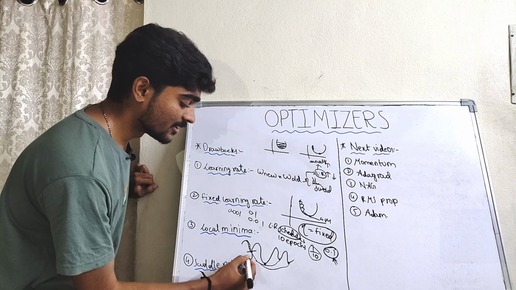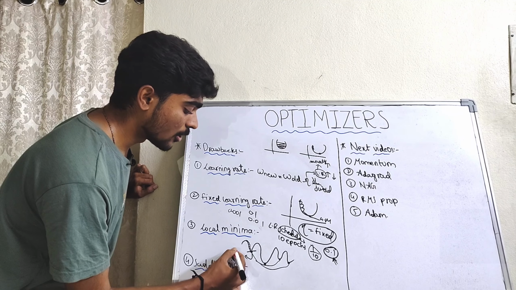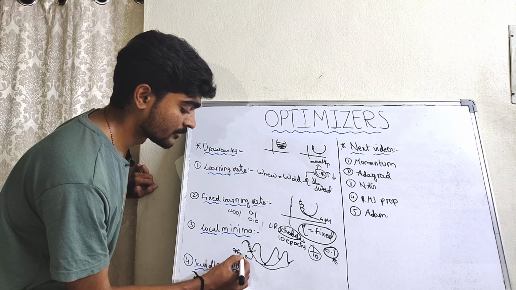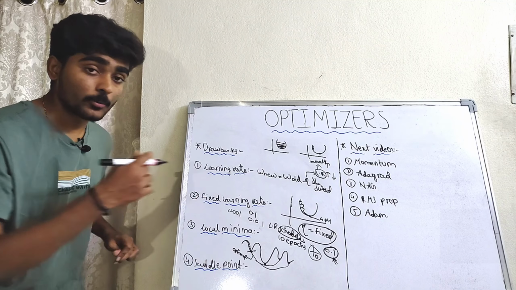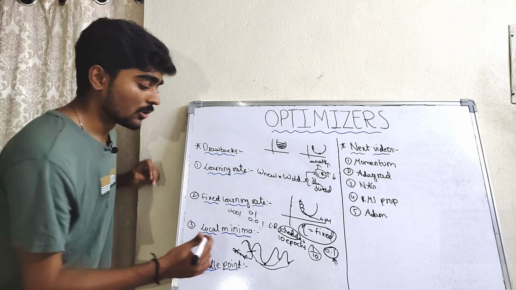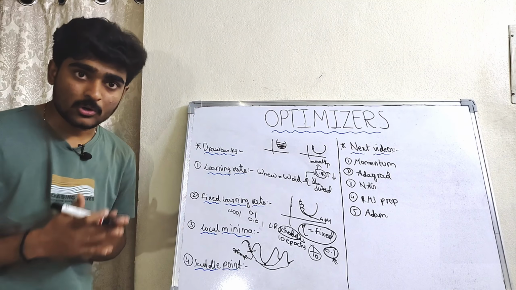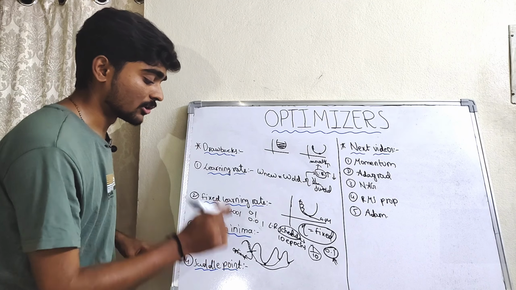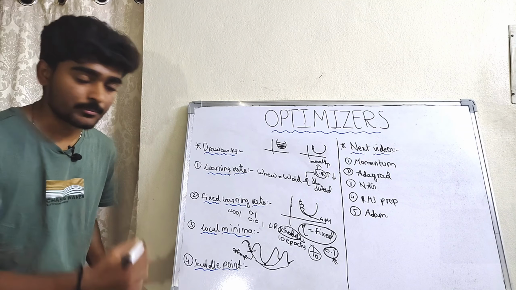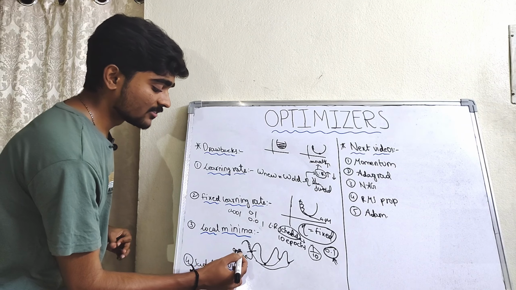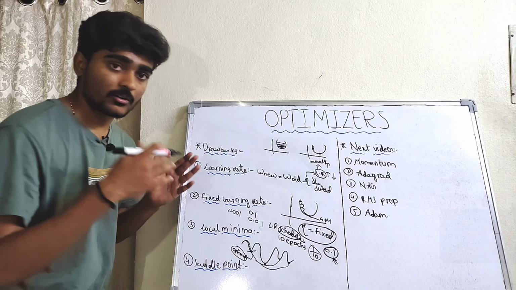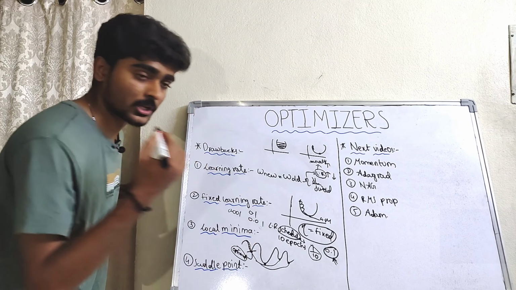The weights and bias values present here will be treated as my optimum weights and bias values. This is the problem of local minima. When the gradient descent algorithm reaches this local minima, it thinks it is the global minima and returns the weights and bias values at this local minimum.